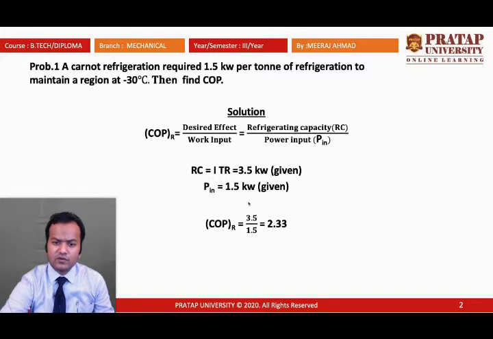Then put the values in the formula of COP of refrigeration, which is the refrigerating effect divided by the power input. Then you get the COP of the refrigerator as 2.3. Now move to the next question.